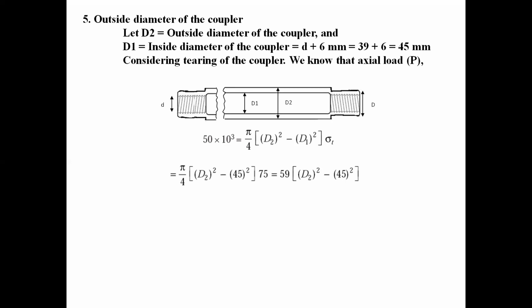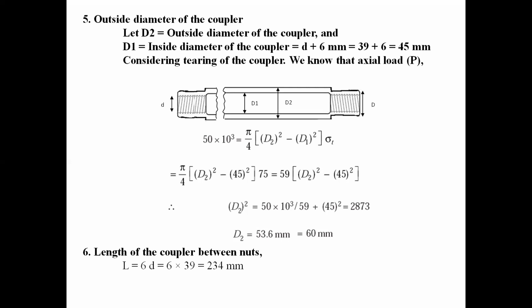From this, again, if you consider the mathematical equations, D2 square is equal to 2875 3.6, so D2 is equal to 60 mm. So at home you can also practice this equation using your calculator. So D2 comes out 60 mm.